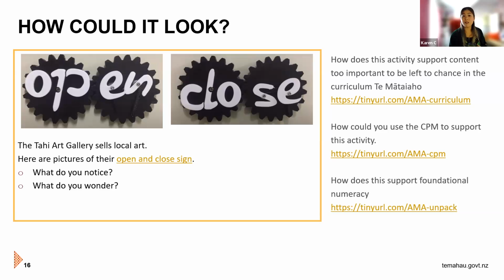Sometimes the things that we think are really obvious is not shared by everybody else. So one of the things that really stood out to me when I first saw this was the fact that they have screws on each of those letters. And straight away, being a maths teacher, I thought, centre of rotation.